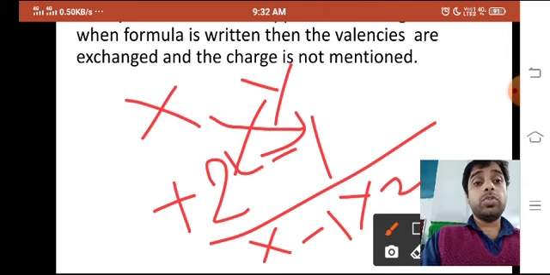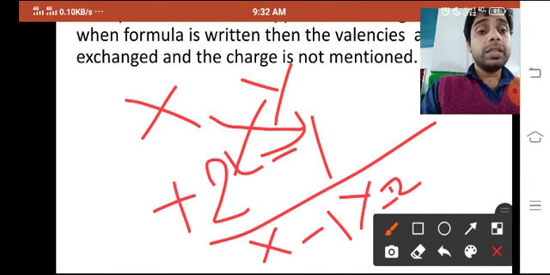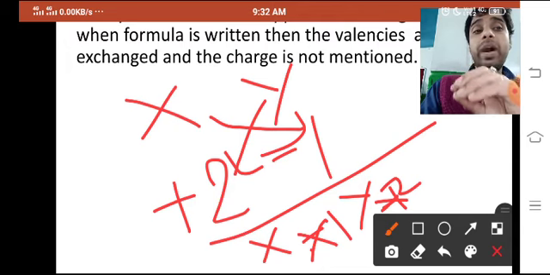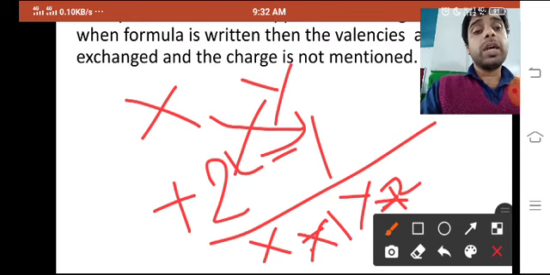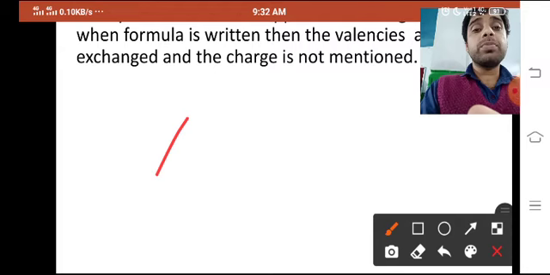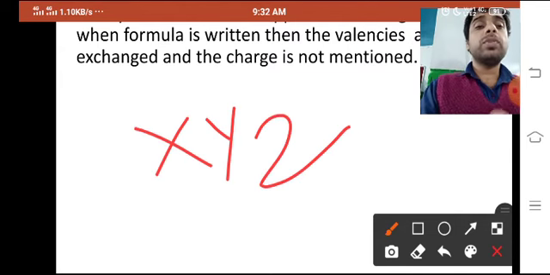But when you are writing the chemical formula, you need not consider the minus and plus signs of valencies. That means finally you can write X1 Y2, and 1 is also not written, so the formula of this compound is XY2.